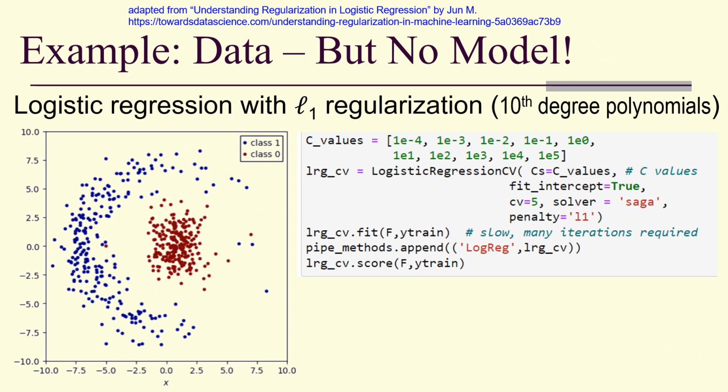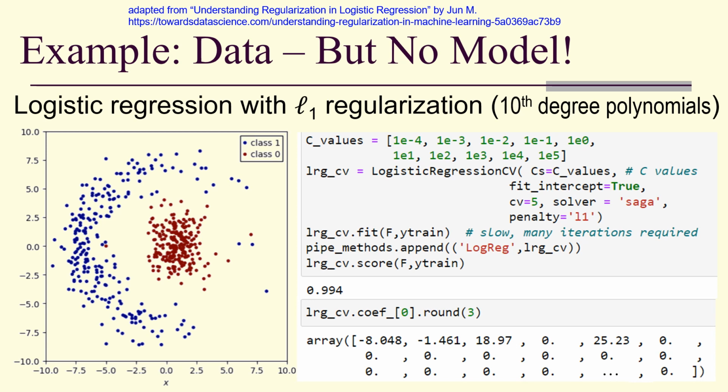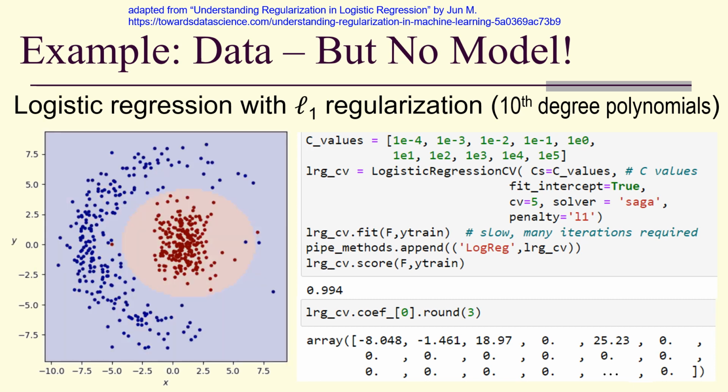So here again, my logistic regression CV, but now the penalty is L1. And again, it's not perfect, but most of the coefficients are zero. Most of those weights are zero. That allows me to not only have a decision surface that generalizes to test data, but also to predict a decision boundary with just a few terms.